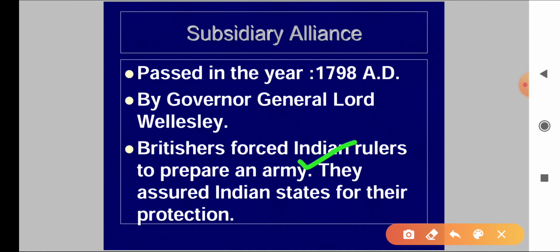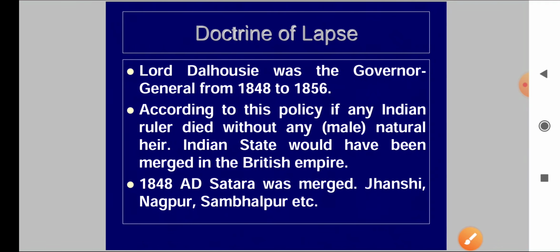So the Nawab of Awadh was forced to join this in 1801. The Hyderabad Nizam was also forced to accept this, and later on many Indian territories were forced to accept this subsidiary alliance.